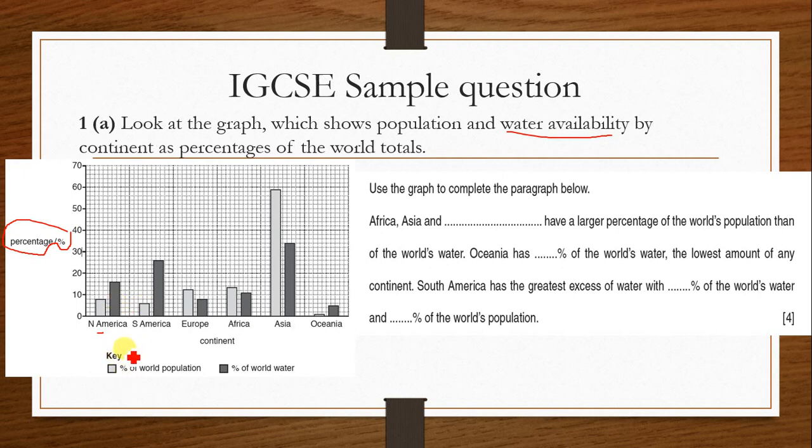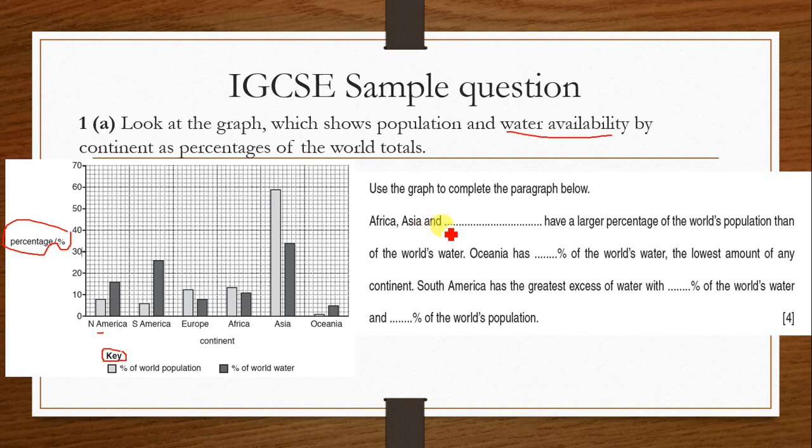Anytime you're given a graph, always look at your key. It's one of the major criteria that you need in order to interpret graphs and tables. So here you have the percentage of world population, and the percentage of world water. Now use the graph to complete the paragraph below.